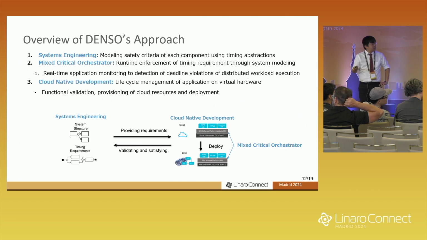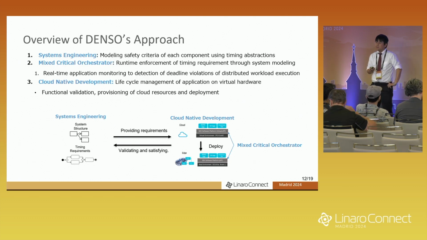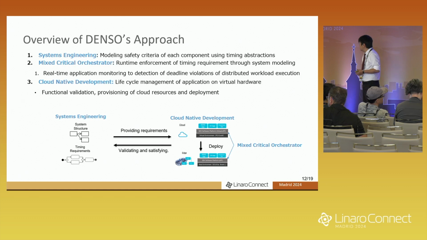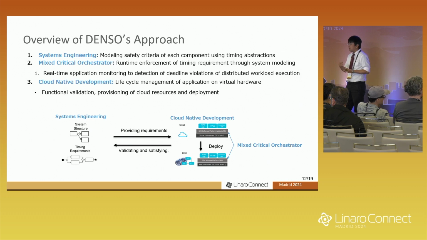And the bottom diagram shows the relationship of these 3 key elements. We start from systems engineering to specify a system structure and system timing requirements. As the next step, we use the cloud environment for design and verification of this system, and the mixed criticality orchestrator here guarantees the system behavior according to the timing requirements that come from the systems engineering.